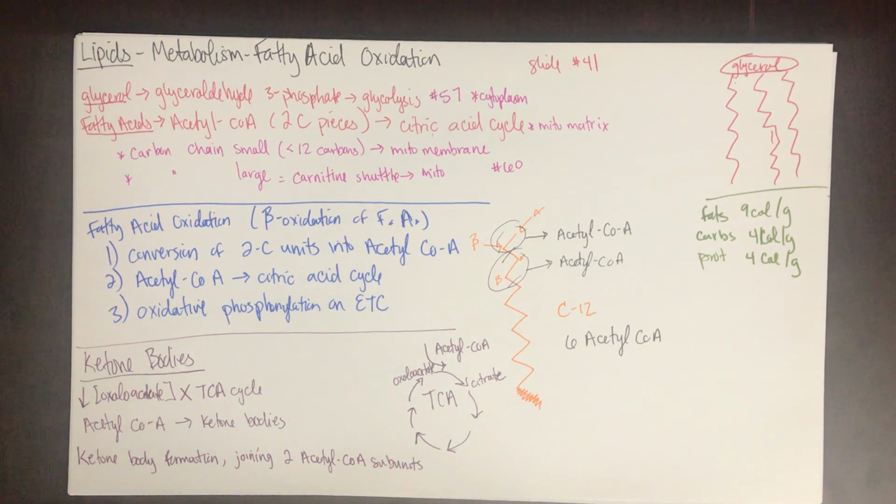One of the problems with ketosis is one of the byproducts of ketogenesis is very acidic and can make your blood pH too low. And this is sometimes a byproduct of people with diabetes, when their blood sugar isn't regulated.